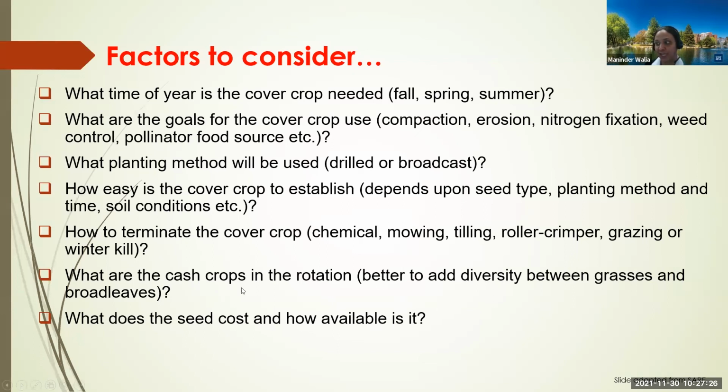It's important to consider the cash crops in your rotation. It's always a good idea to add diversity, as I mentioned, above and below ground. So it's good to have grasses and broadleaves. That also helps with the weed pressure. Finally, the seed cost, what's the cost associated with the purchase of the seed, and also how available it is.